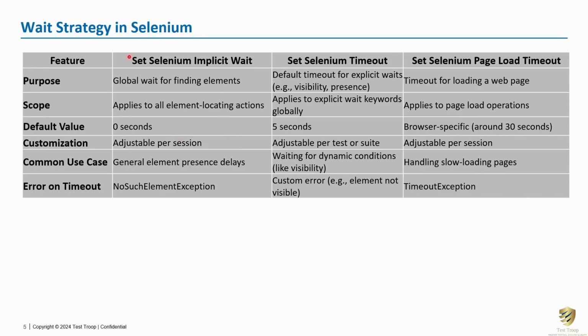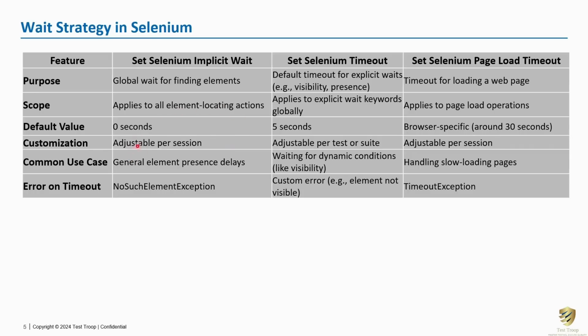Initially you set the Selenium implicit wait as 5 seconds, and later you find out that the search operation takes 15 seconds to find a particular element. Then before you execute that particular keyword, you can change Set Selenium Implicit Wait to 15 seconds, and then you can call the particular keyword to perform the search operation.